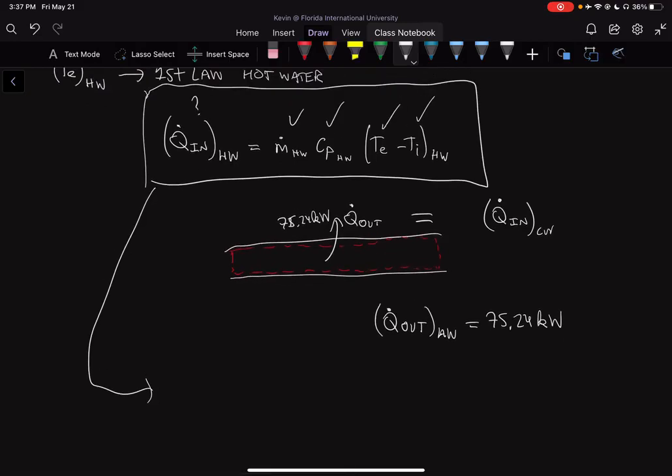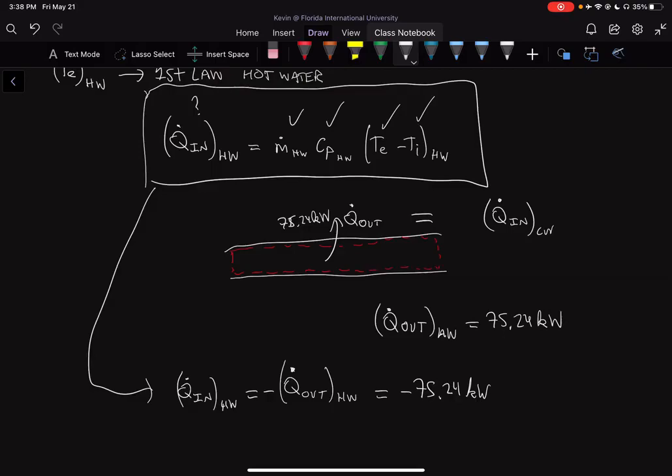So for the hot water, there is no heat in, so it's just going to be the negative of Q dot out for our hot water. So our Q dot in is actually going to be negative 75.24, which means that the heat is actually coming out. It makes sense. If we had assumed that Q was coming into our system, we would say that it was just a negative because it's actually coming out of our system.